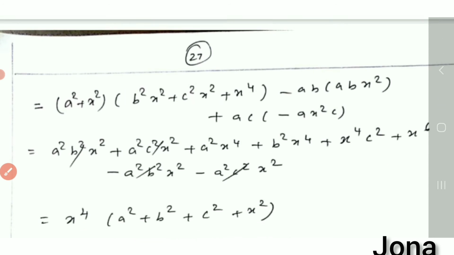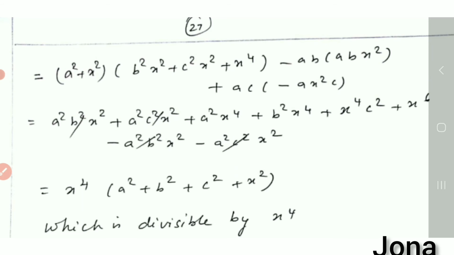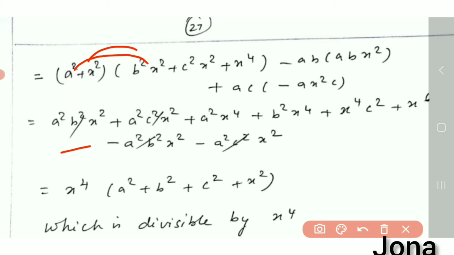So again we want to remove the brackets there, so multiply each and everything there. So if you multiply these two, what else we have by a square? We had a square b square x square, and then a square c square x square, and then a square x power 4.